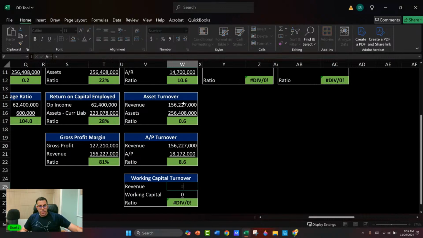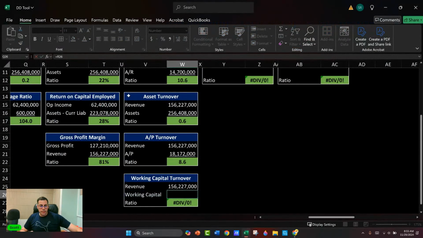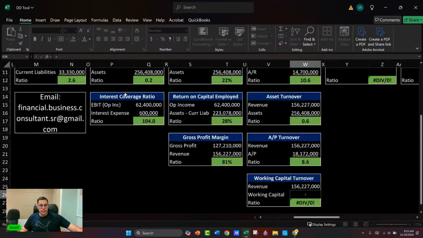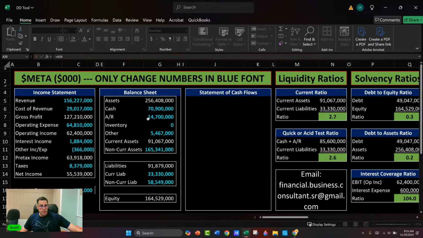So revenue. Working capital is current assets minus current liabilities.